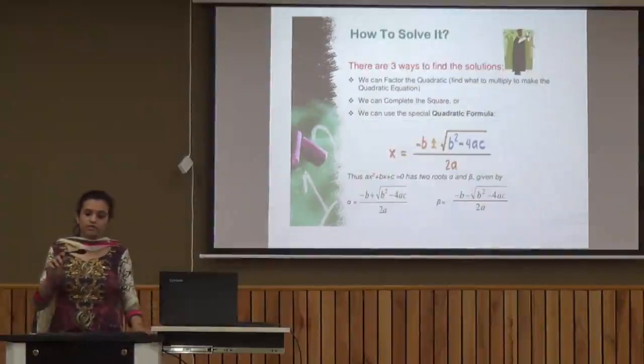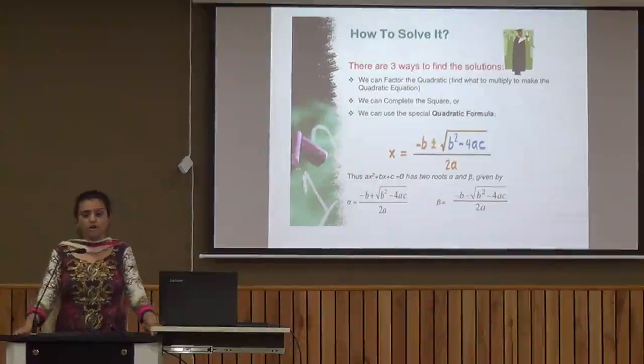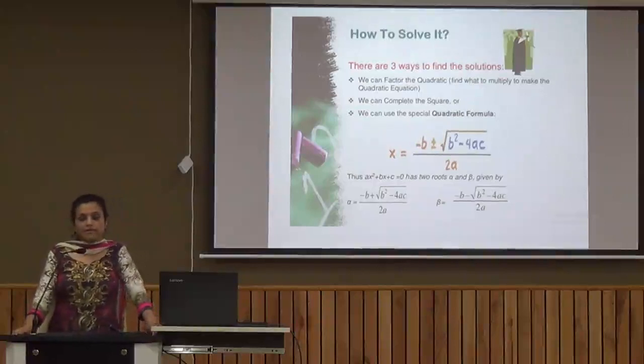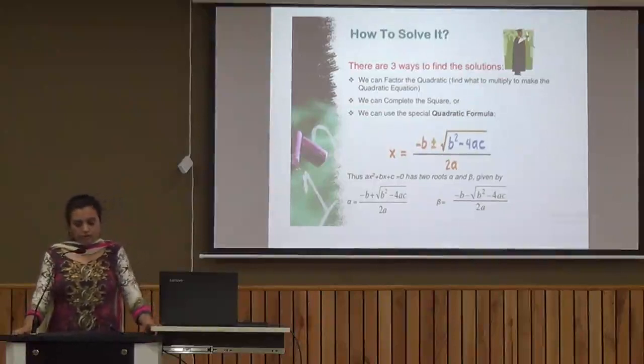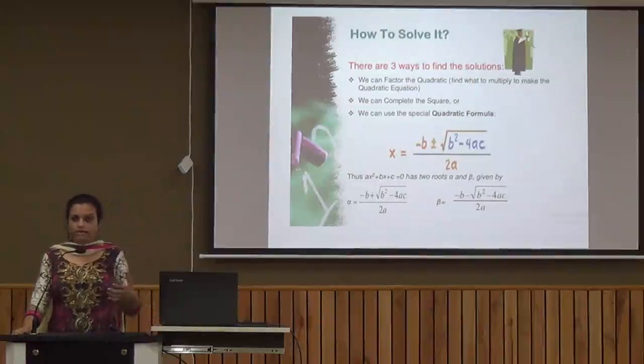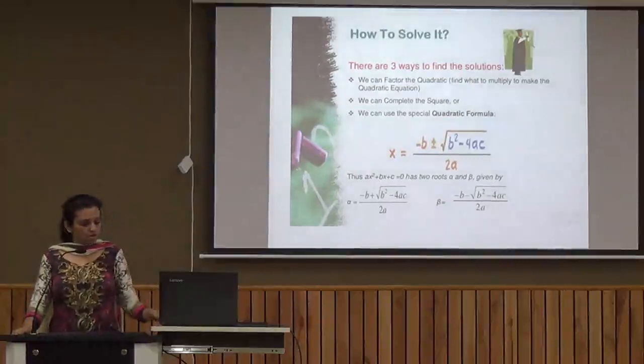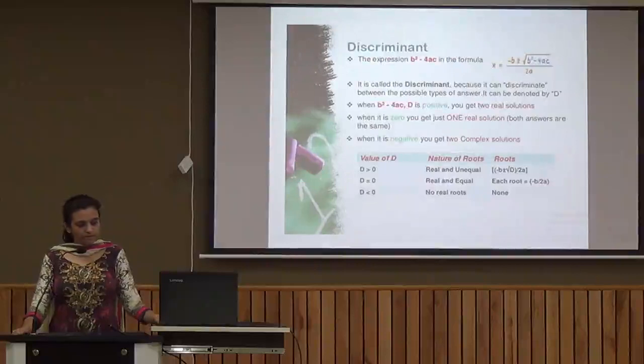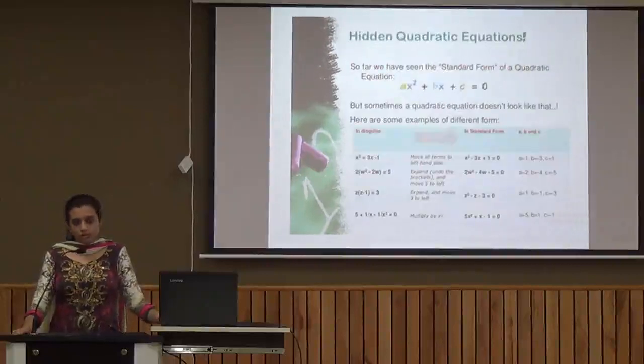Now comes the question, how to solve such equations. See, basically there are 3 ways to solve. You can always solve a quadratic equation by splitting the middle term factorization. If you look at the previous examples, you will see that all the quadratic equations are 3-termed equations here, or maximum 2-termed equations here.